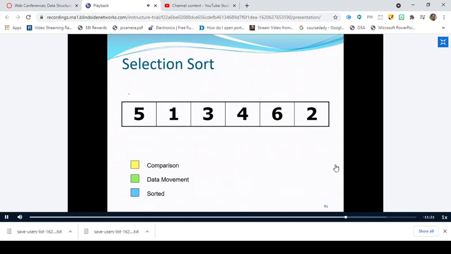You take the indexes as 0, 1, 2, 3, 4, 5. And as you people told that the best data structure to implement any sorting algorithm is array. Why? Because we are going to take the list of elements from the user, and the list of elements are nothing but arrays, list of common data type elements. Therefore, we will consider only arrays for implementing the sorting techniques. Is it clear?